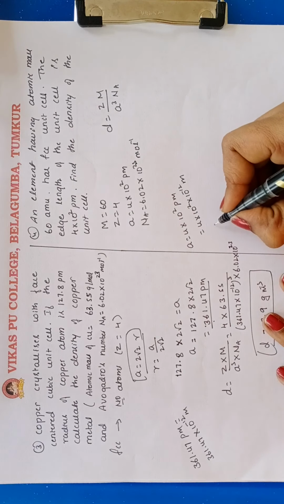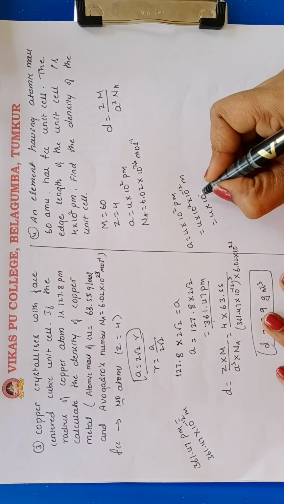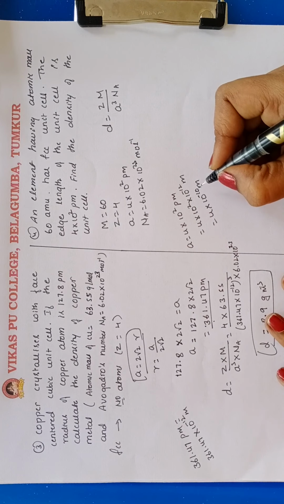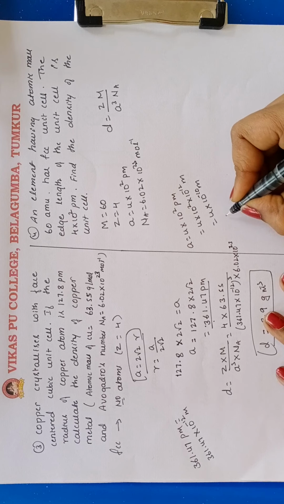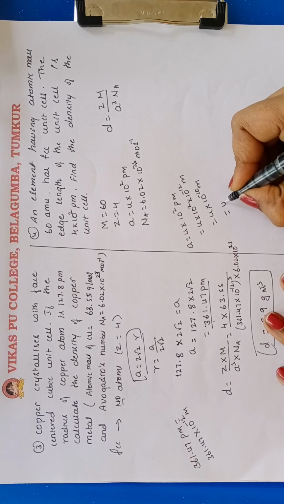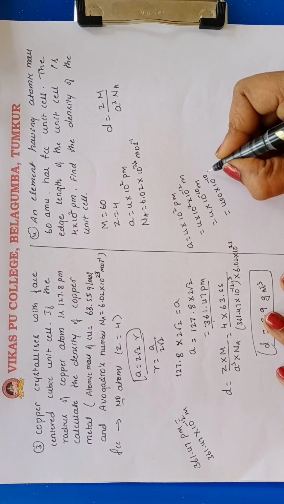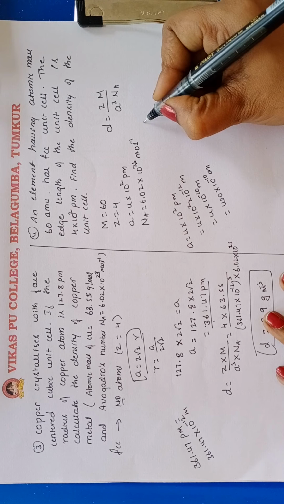Then we get 4 into 10 to the power of minus 10 meter. Converting into centimeter, we get 400 into 10 to the power of minus 10 centimeter.